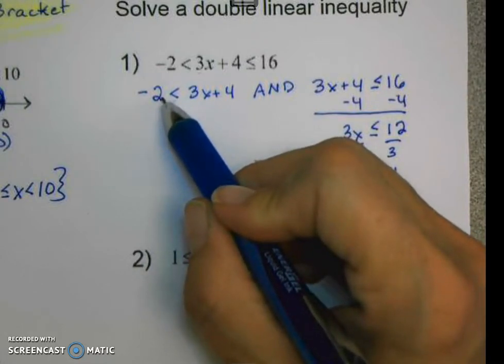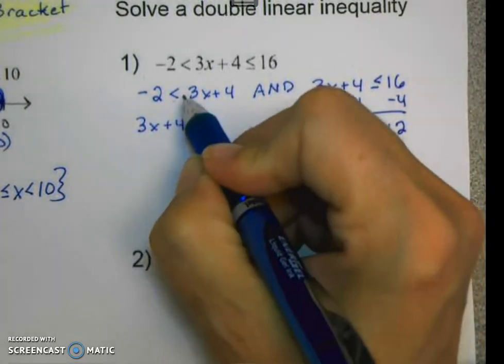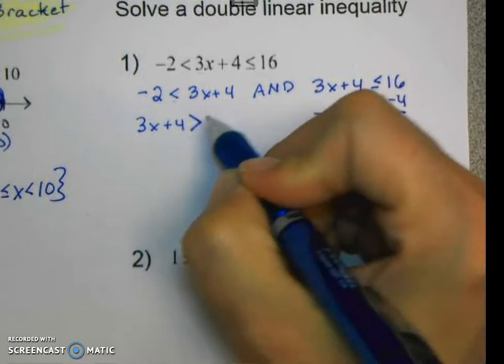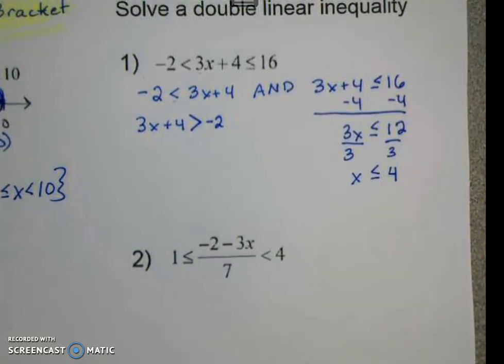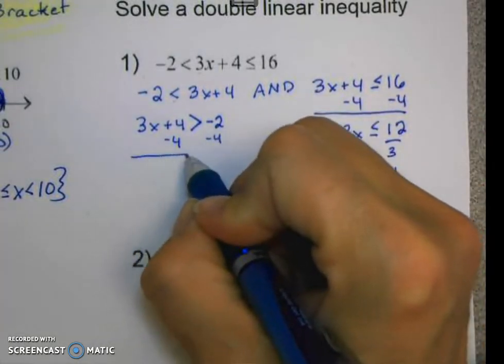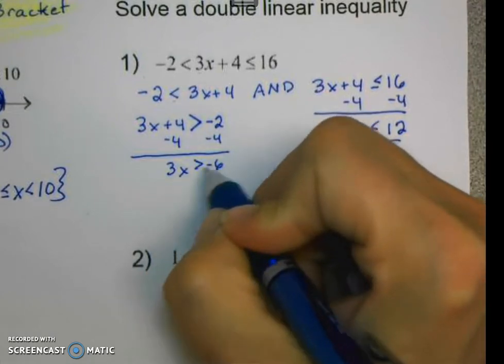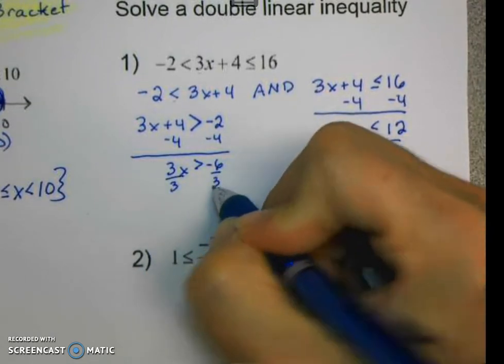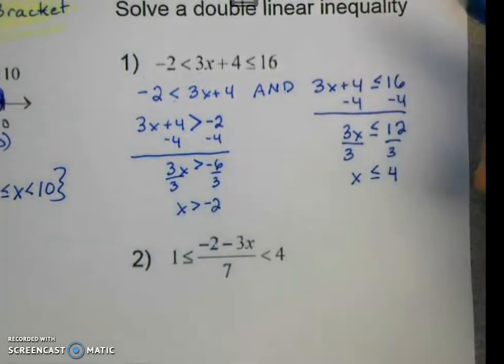So to rewrite it is 3x plus 4, the wider side, the lesser side, -2. So -4, 3x is greater than -6, divide by 3, x is greater than -2.